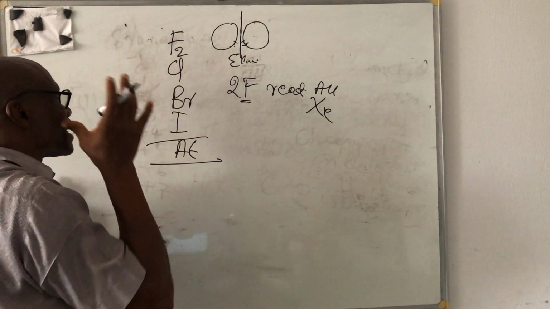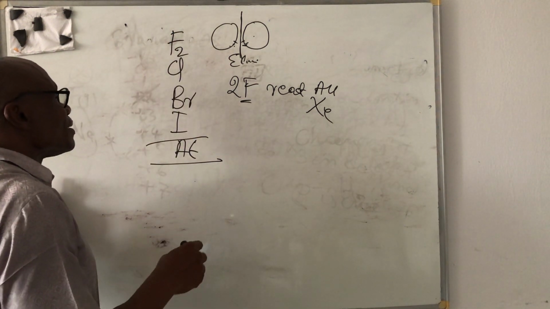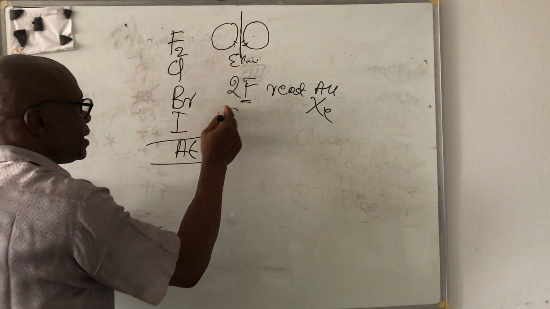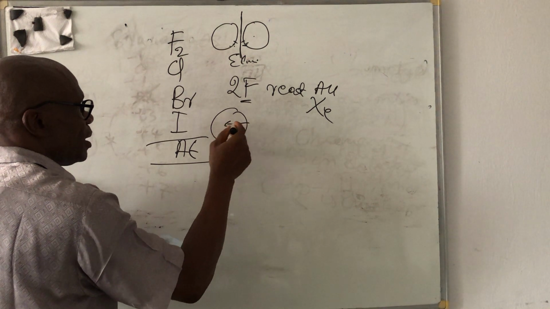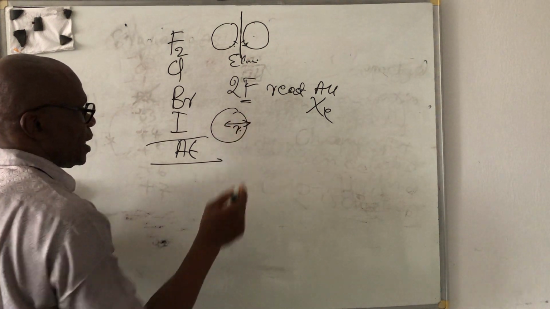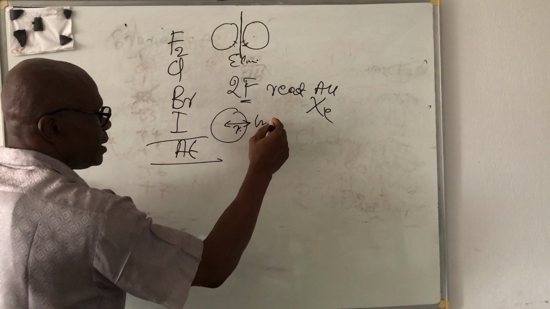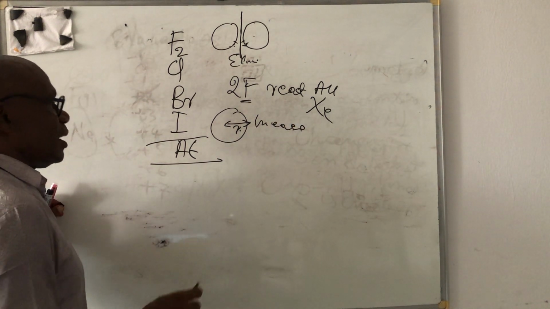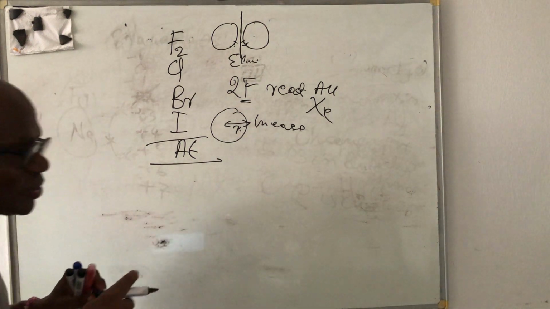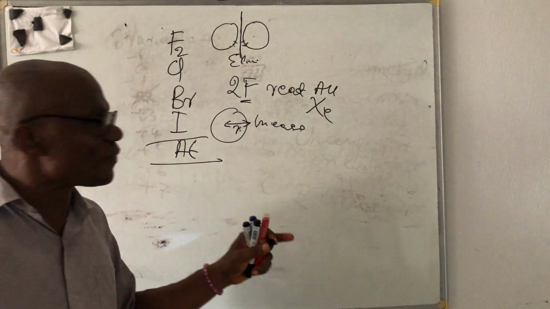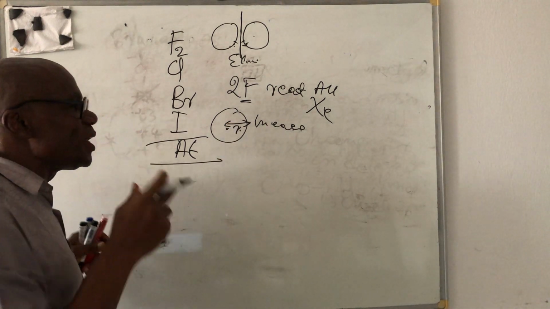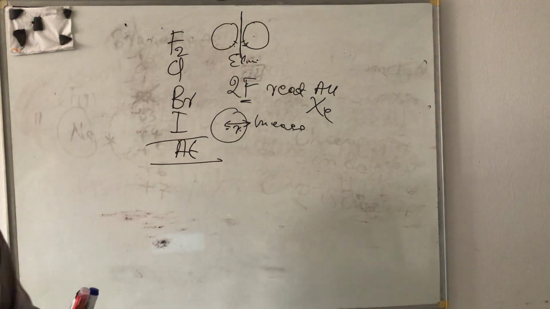But as you come down, reactivity decreases, electronegativity decreases with increase in atomic radii. When the radius increases, the valence electrons are further away from the effect of the nucleus. Therefore, they are weaker and can easily be ruptured.